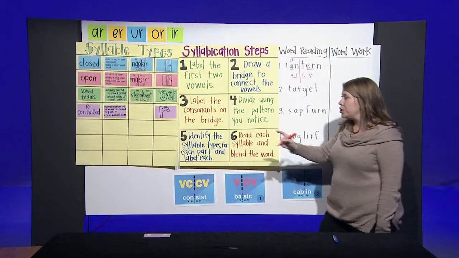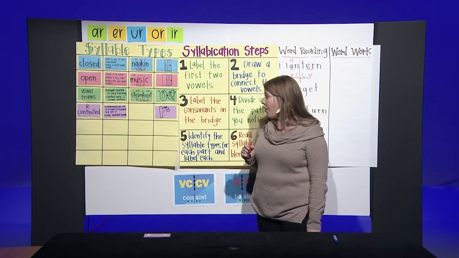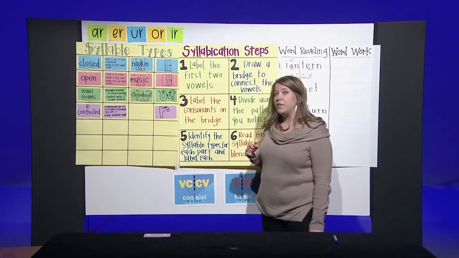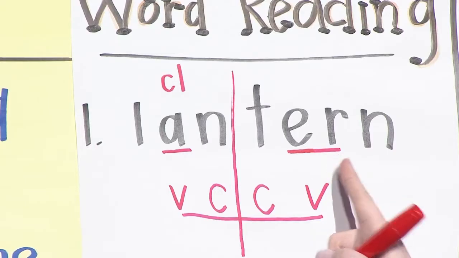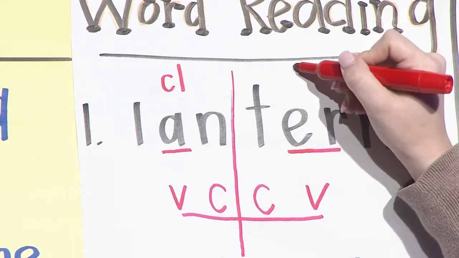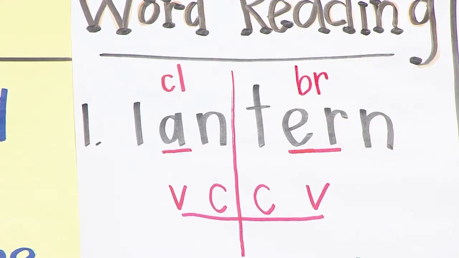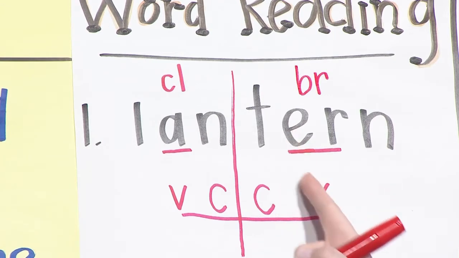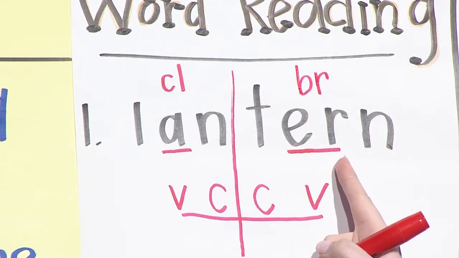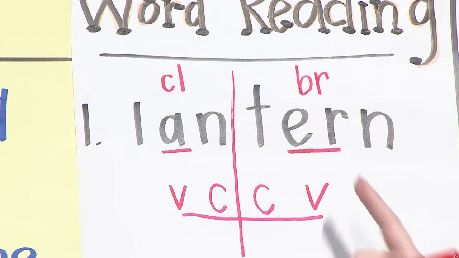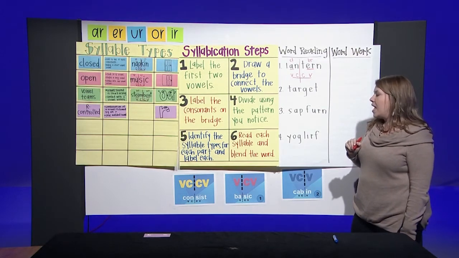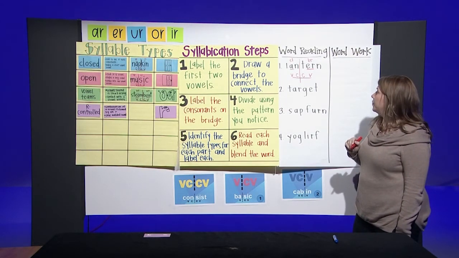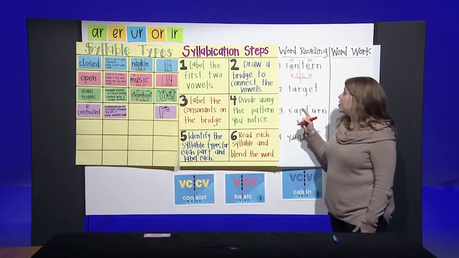And we just learned about R-controlled or Bossy R. That's a combination of a vowel, E here, followed by R. So I'm going to label this BR for Bossy R, because in this word, together, ER is going to say... Let's keep going. Step 6 tells me to read each syllable and blend the word. All right, let me model for you.